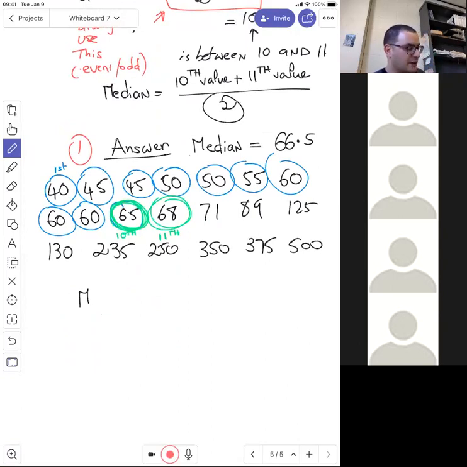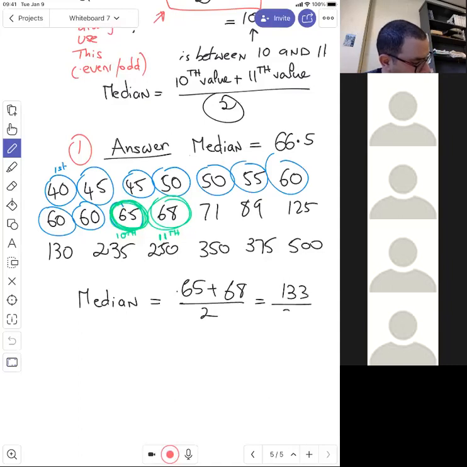That's where I made the mistake, because I wasn't dividing. I was just adding. You need to take the average of the two numbers. So it's 65 plus 68 over 2, as you said. That will be 133 over 2. So the answer is 66.5, and that will be the median. Okay, I understand now. Thank you.